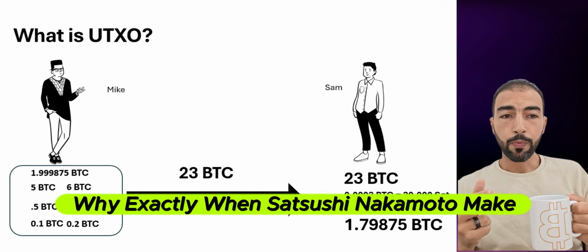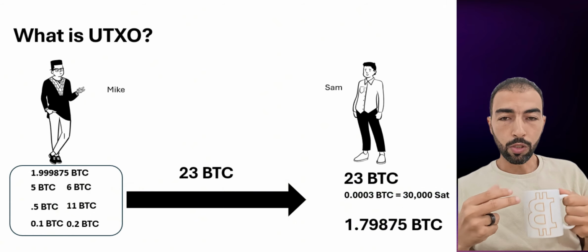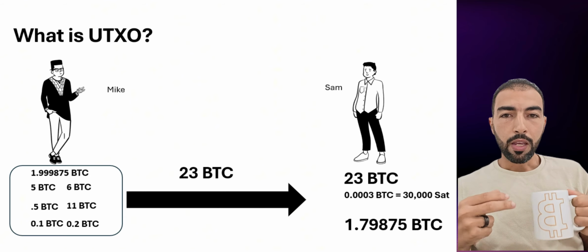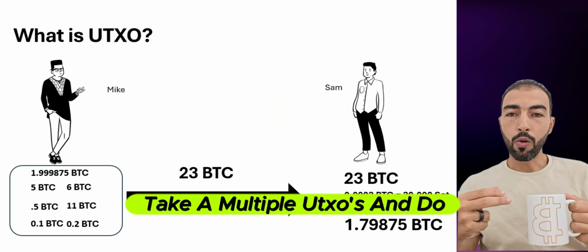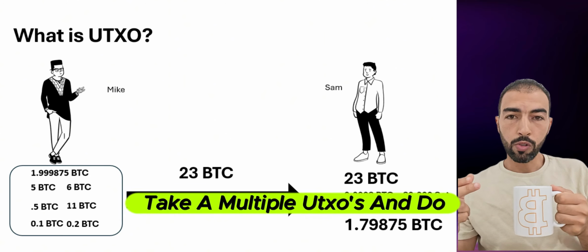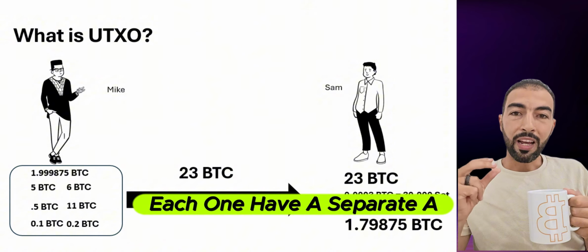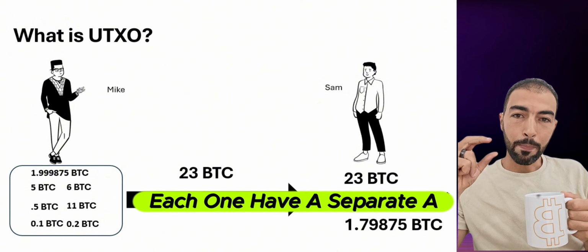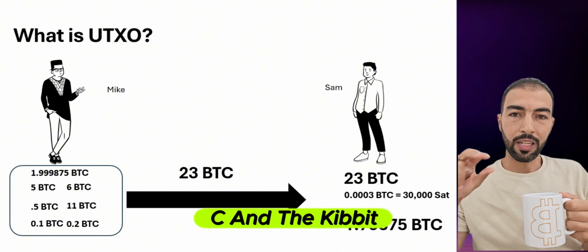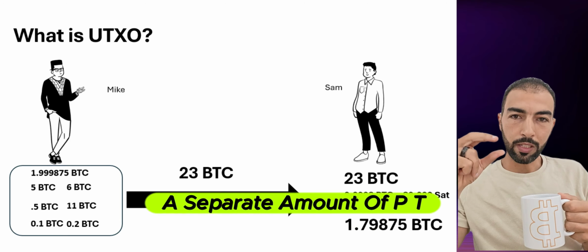Why exactly? When Satoshi Nakamoto designed transactions, he made them take multiple UTXOs and not combine them. Each one has a separate amount of BTC and they keep it.